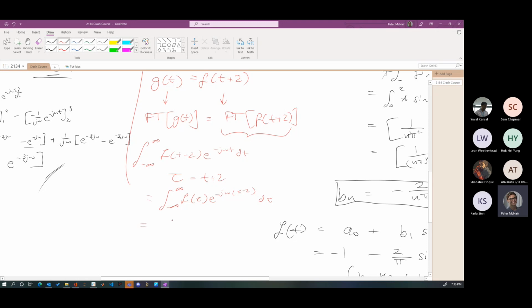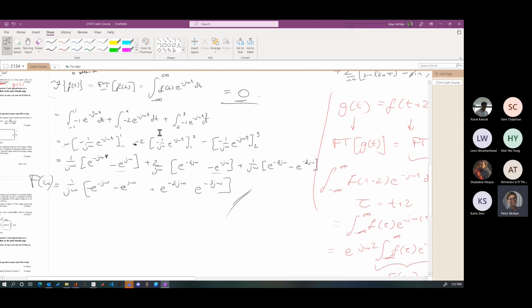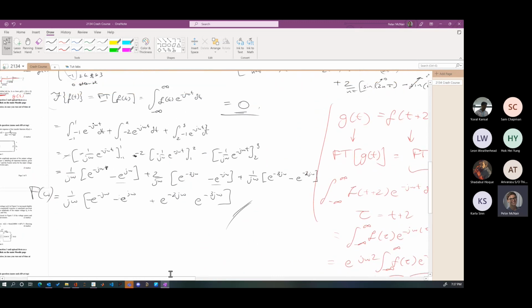And this is equal to e to the j omega 2 integral from -infinity to infinity of f of tau e to the minus j omega tau d tau. And this right here is our F of omega that we've already derived, because tau and t can be the same, it doesn't really matter. They're just dummy variables.